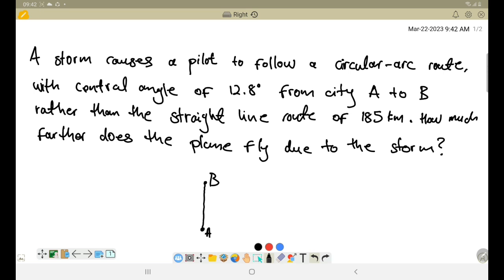We can draw it like this, which is 185 kilometers. So A to B is 185 kilometers. That is via straight line.